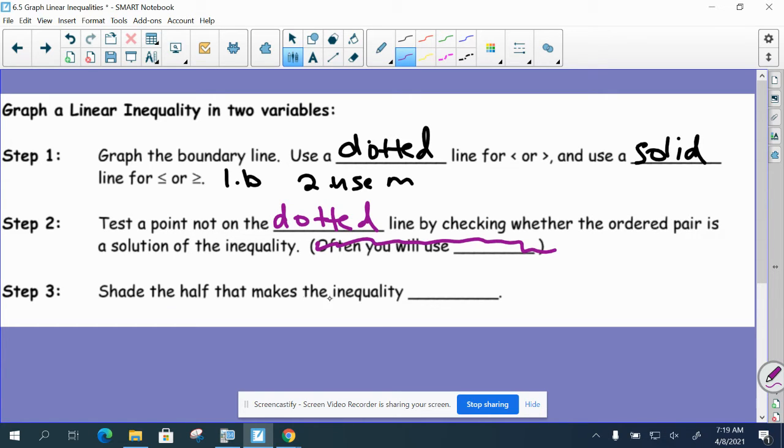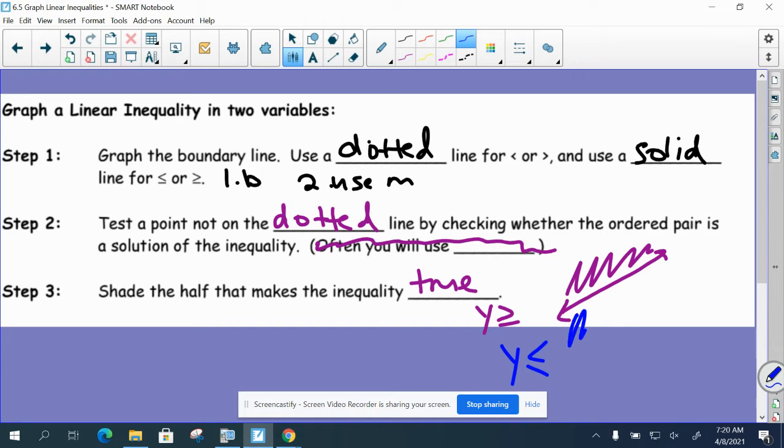Then you'll shade the half that makes the inequality true. For example, if you have this line and it says y is greater than or equal to, that means you're going to shade above the line. If it says y is less than or equal to, you're going to shade below it.